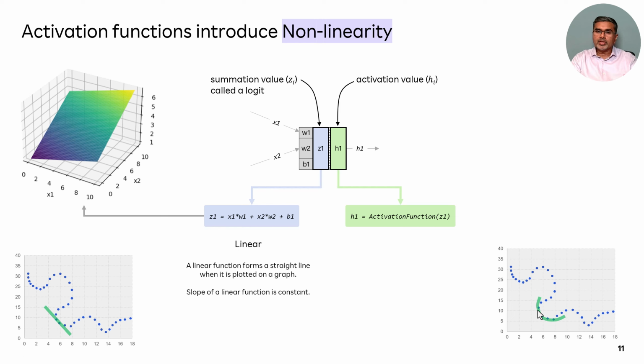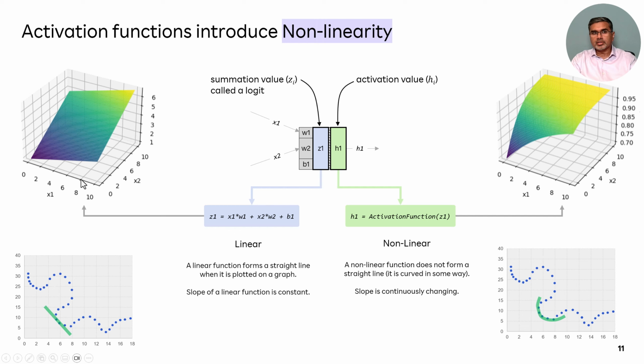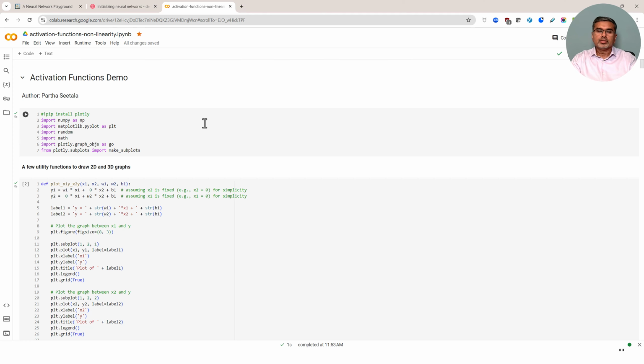But the key takeaway here is that because real life data has a lot of curves and turns, which means it's non-linear, you just cannot take the linear values and learn from them. You have to turn those values into non-linear. That's the first purpose of the non-linear function. And when you do this, what looks like a linear surface will now become more turned. So let's do a very quick demo of that.